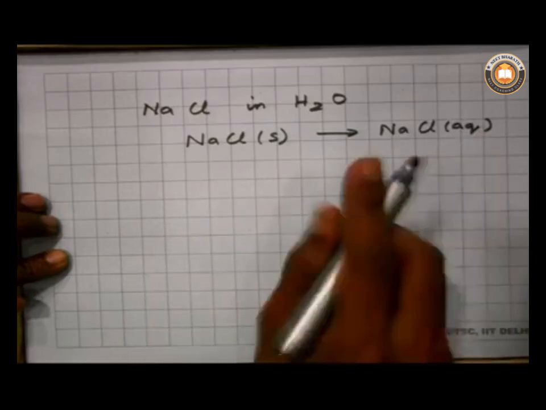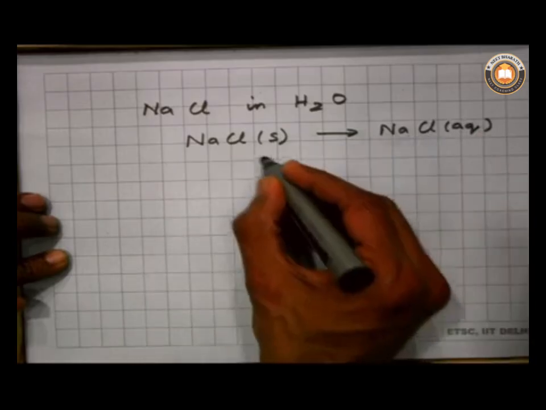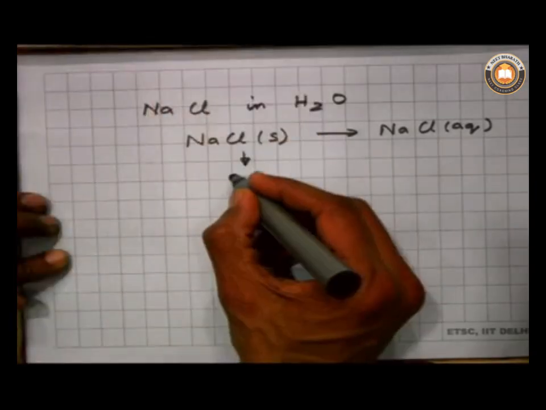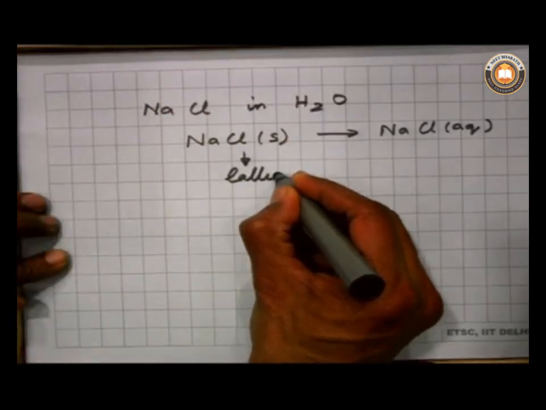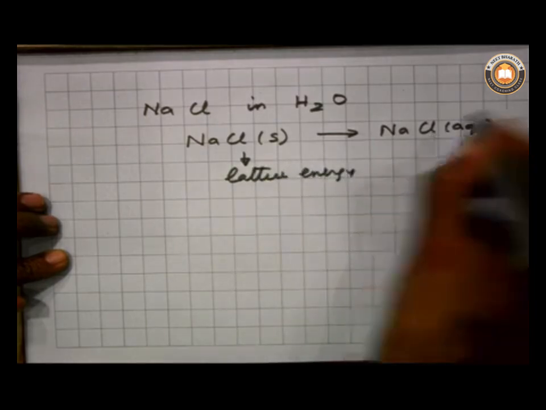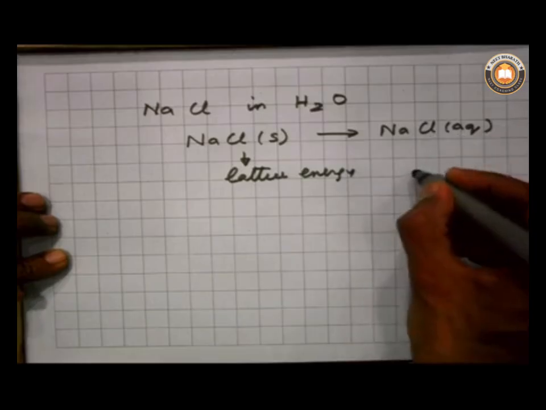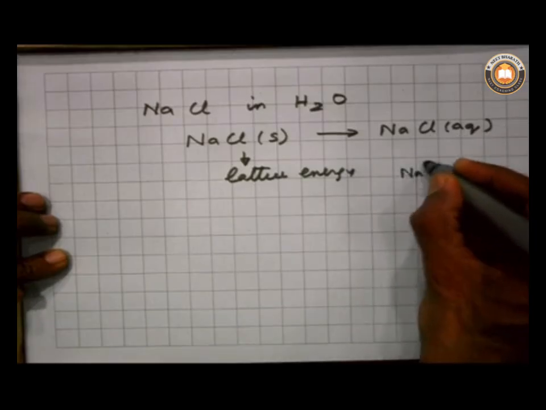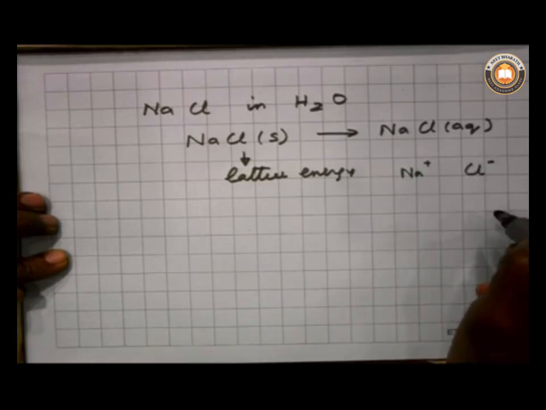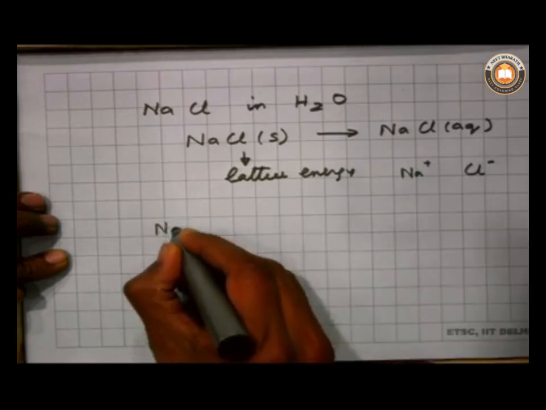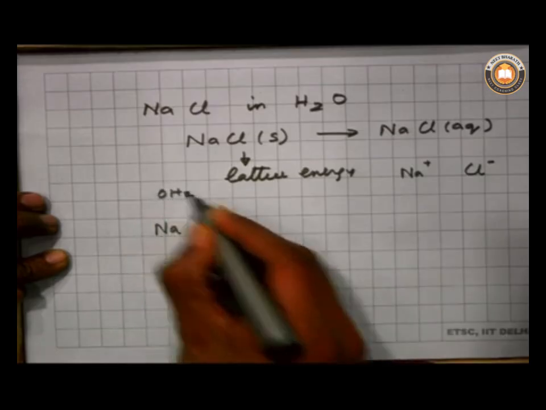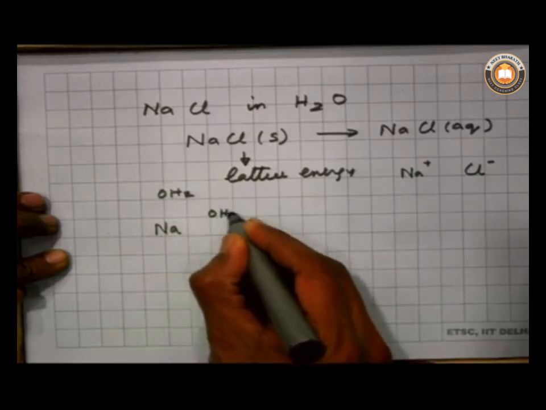And what we said earlier is that to go from here to here, the thing that keeps this together is the lattice energy. And when NaCl goes into water, what you are going to get is Na plus and Cl minus. So, I will have Na plus like this, and I will have molecules of water sitting around like this.